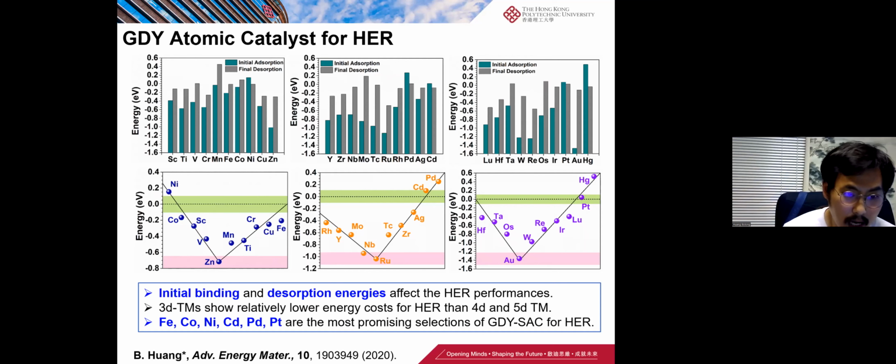In this work, we have extended such criteria to both the initial binding of the protons and the desorption energies of the formed hydrogens. It is noted that the 3D transition metals showed relatively lower energy cost to support higher electroactivity for HER. Iron, cobalt, nickel, palladium, and platinum are the most promising selections for HER.